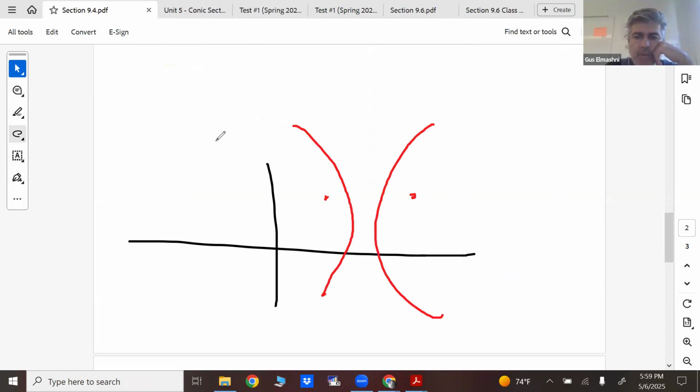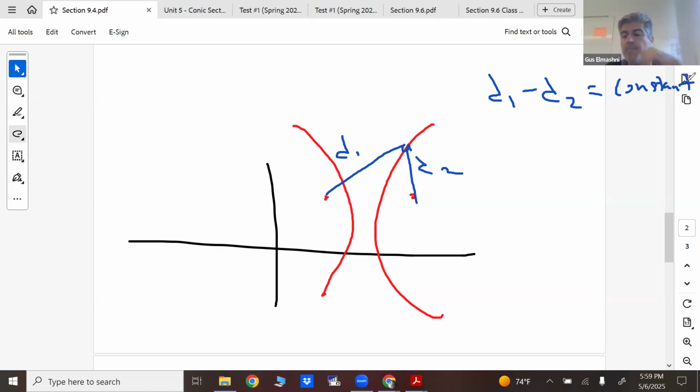And if I pick a random point over here, draw that and draw that, call them D1 and D2, and take the difference between them, D1 minus D2 will be a constant. That's what's happening there.